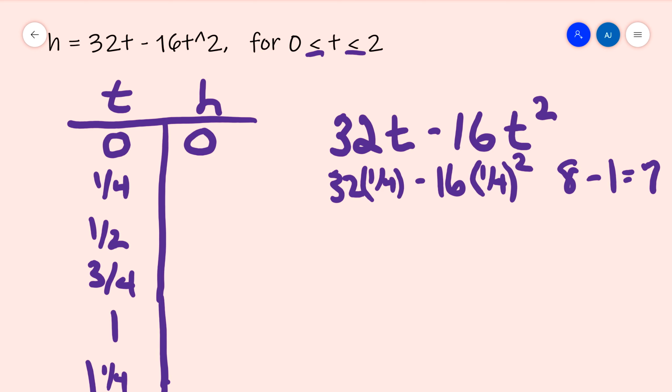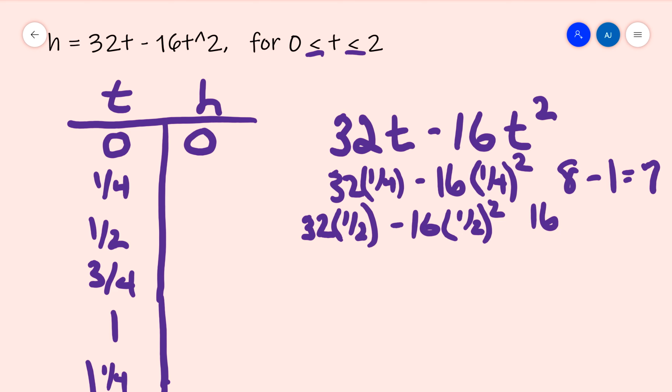Next interval would be 1/2. So let's try that. 32 times 1/2 minus 16 times 1/2 squared. Okay, 32 times 1/2 will give you 16, minus, let's see, 1/2 squared is 1/4.